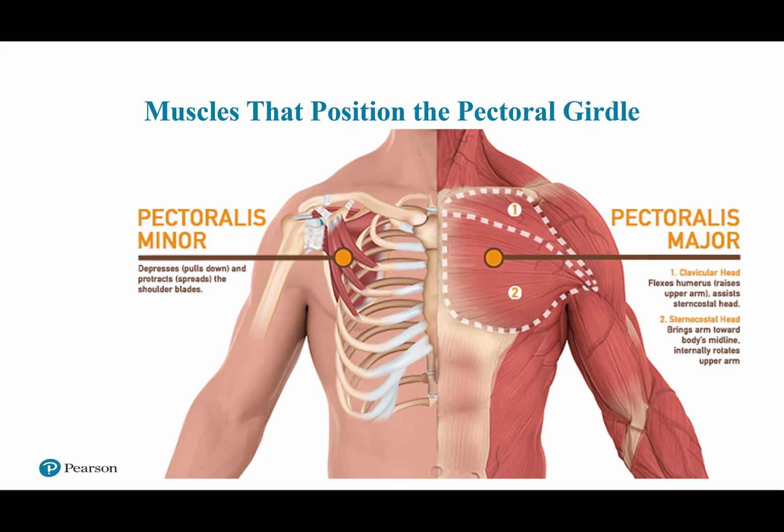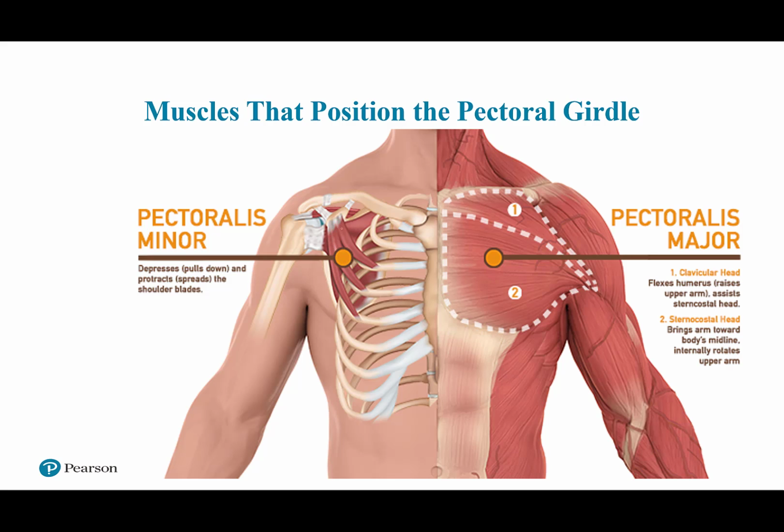And then deep inside of the pectoralis major, you have the pectoralis minor. We're going to talk about the pectoralis major in a bit. But the pectoralis minor is deep inside of that. And this is one of the muscles that help stabilize the pectoral girdle.